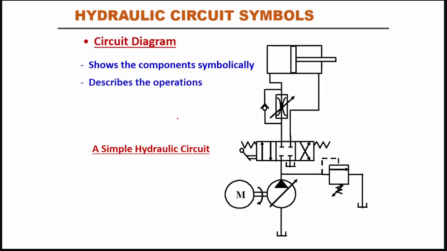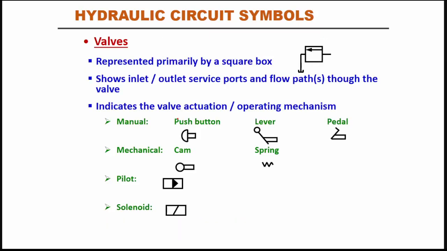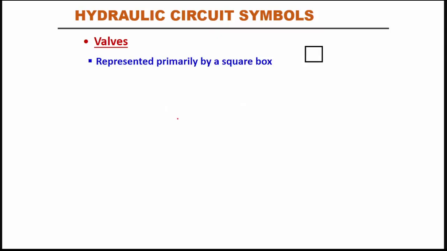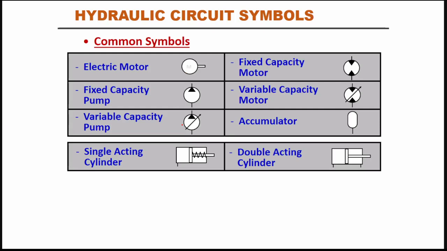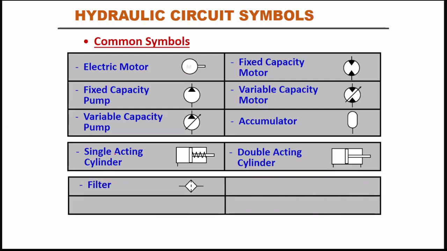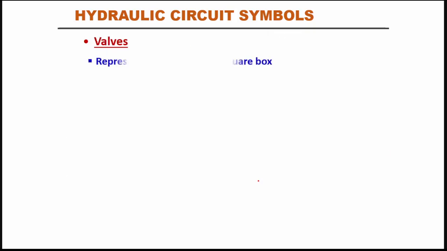These are the main symbols in a hydraulic system, when you are going to design or refer to some drawing. You need to identify these components. You can identify hydraulic components using these symbols. Electric motor you can draw like this, pumps you can draw like this. These are the single acting cylinder and double acting cylinder. We can discuss next day.